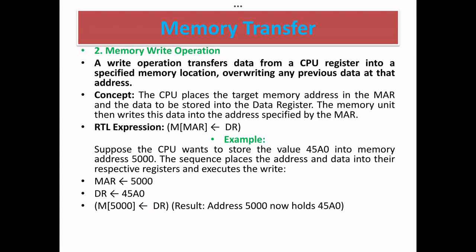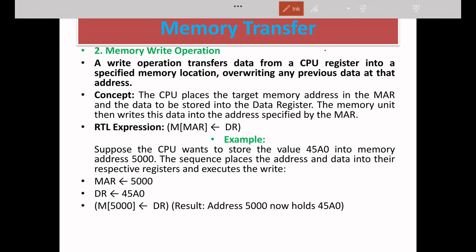Now if I am coming here, writing operation, how is the writing operation working? The memory write operation also works the same. The write operation transfers data from the CPU register into a specified memory location, overwriting the previous data at that address. And what is the concept?